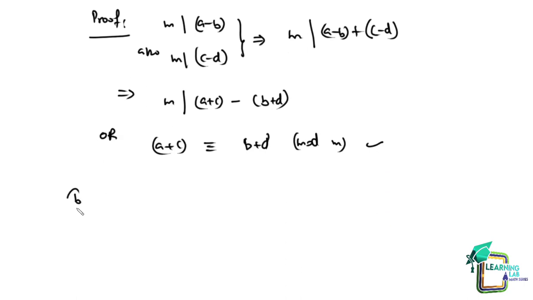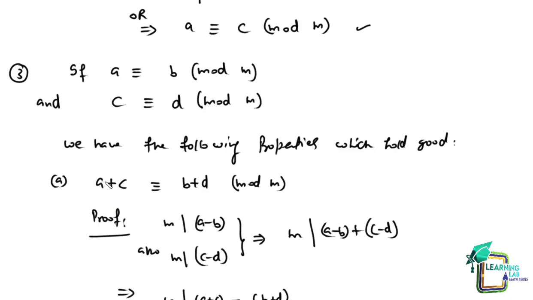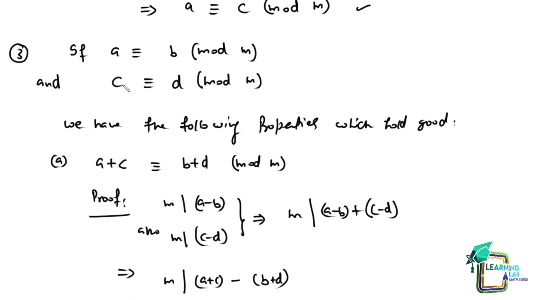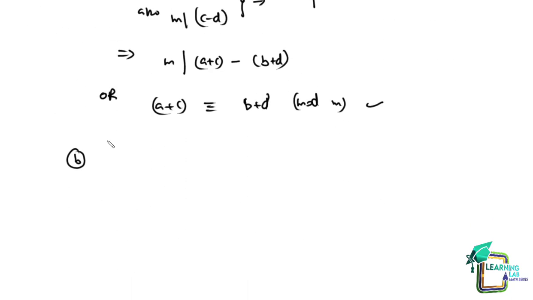Second, if A is congruent to B mod M and C is congruent to D mod M, then we can take the difference of these two. Then we have A minus C is congruent to B minus D mod M. We can also prove this statement similar to the proof of the previous statement, right?